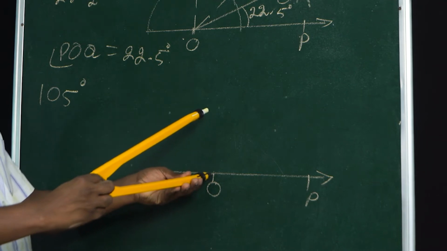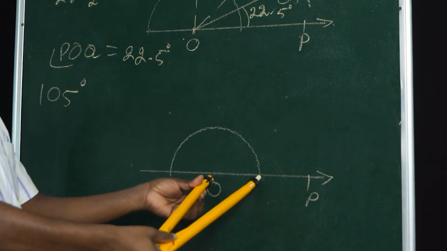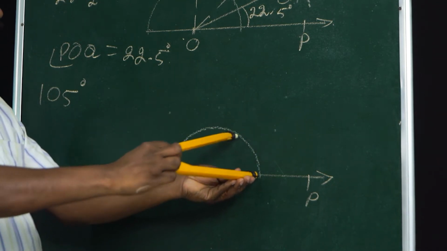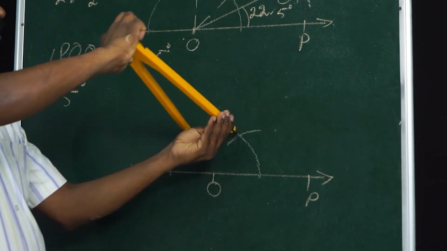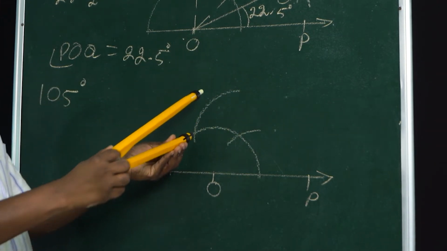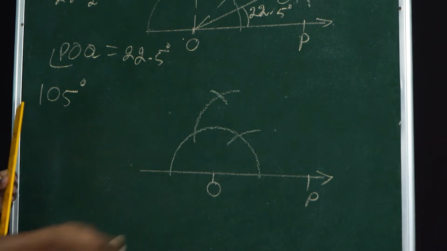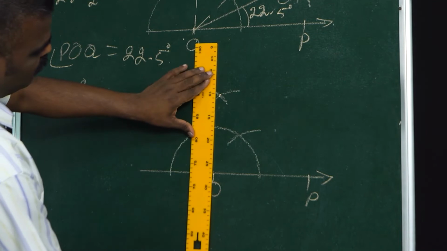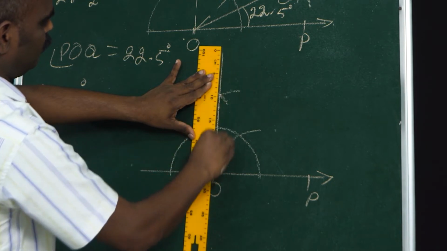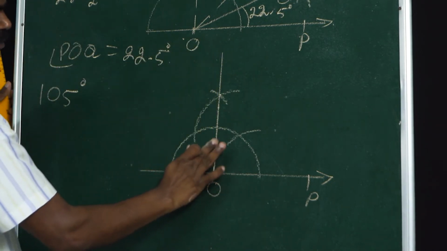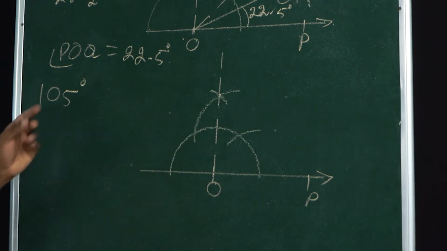So, keep the compass at point O. Semicircle or another arc without changing, one more arc. Where both are intersecting, join them. Sorry, dot line, right? Yes, 90 degrees. What we want is 105 degree.